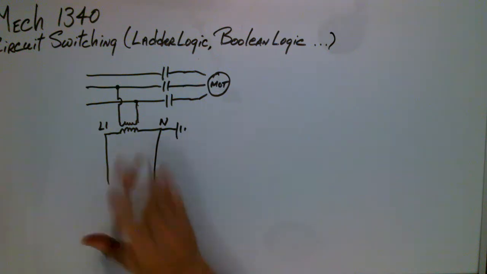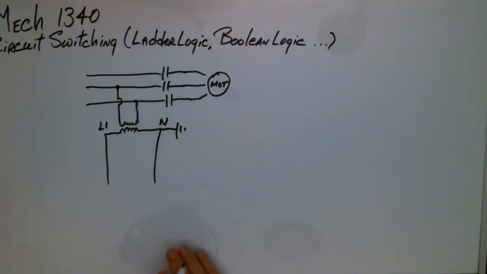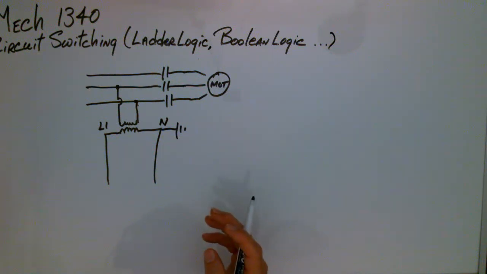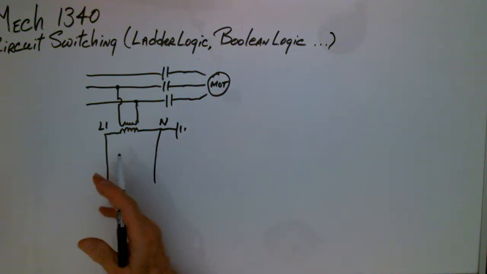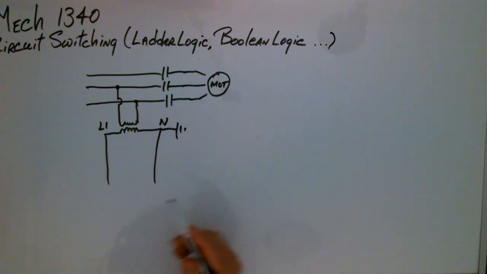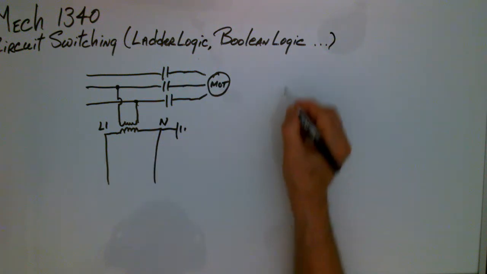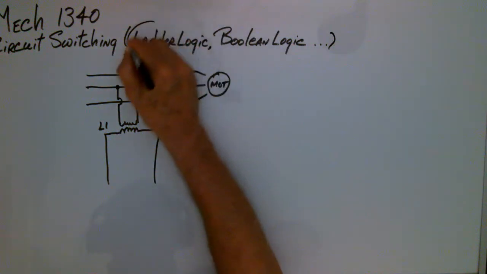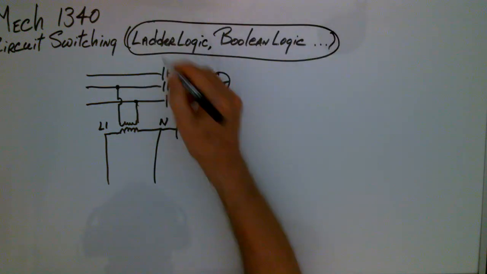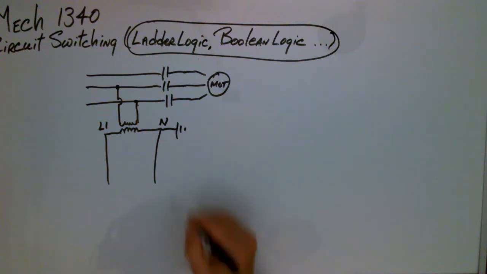Electricians will call what we're looking at right now, the diagram we're looking at right now, ladder logic. You may have a few technicians and engineers that will call it the switching logic, the Boolean logic. Regardless, that is what we are here to talk about, what takes place down here.